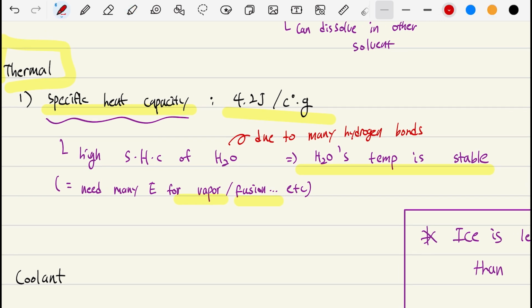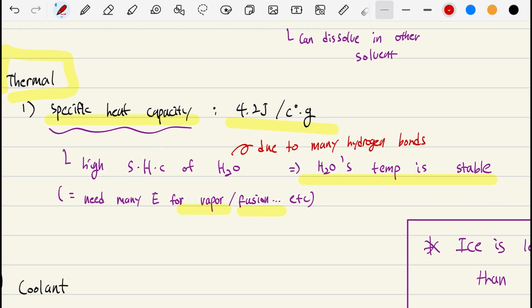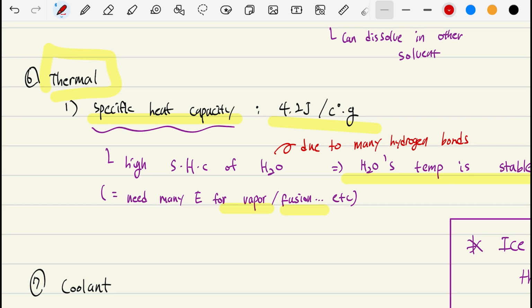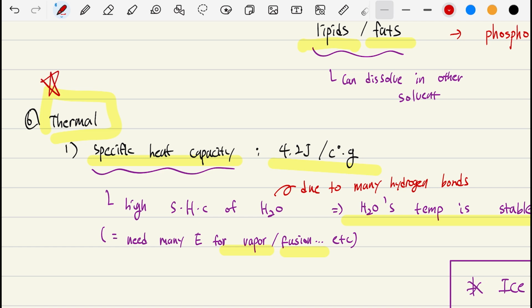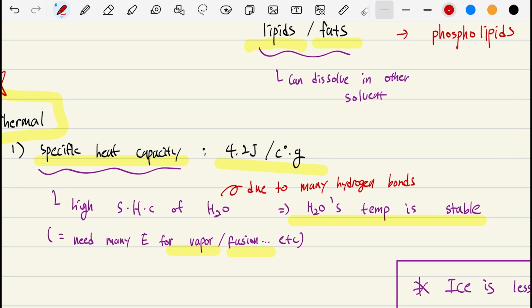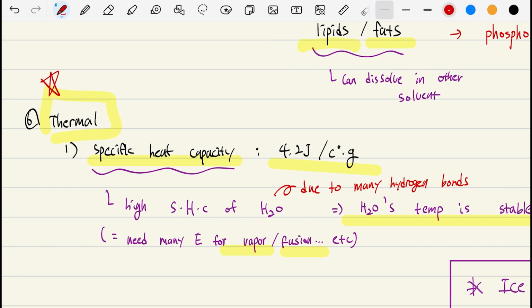So to be clear about specific heat capacity, water requires a lot of energy to change its state, which causes its temperature to stay stable, and it also takes up a lot of energy for state change. So for the thermal part, the specific heat capacity is really high, which causes the temperature to be stable, and which also lets water take up a lot of energy or exert out a lot of energy when it is going through a change in state.